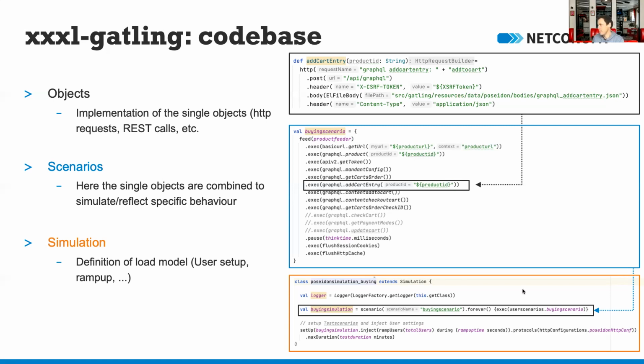Maybe what's also interesting here, if you see that dollar sign with curly brackets and some name, that's called Gatling Expression Language, and that's how you access a variable. That can be a variable you defined during runtime, or also something from a feeder.